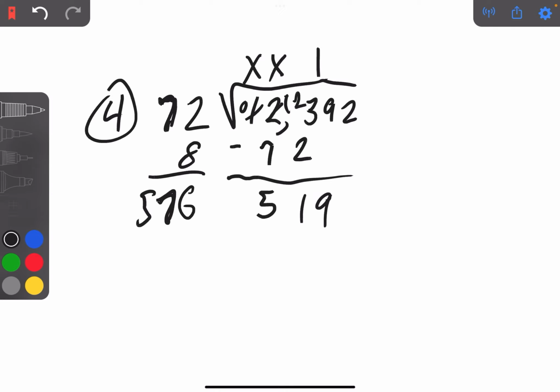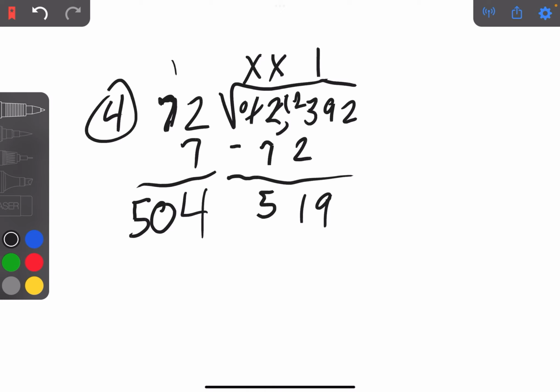As you can tell, it's bigger than our number. Maybe 7 would work. So as you can tell, sometimes it's a bit harder, but you can solve it. So it must be 7. So we put 7, minus 504, and that would equal 5, 1, and now we'll drop down our 2.